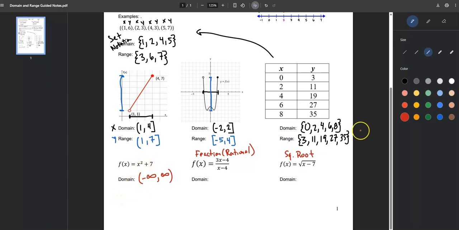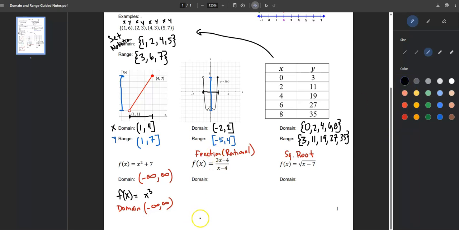So, for example, if I had f of x equals x to the third, my domain for that would be from negative infinity to infinity, okay?